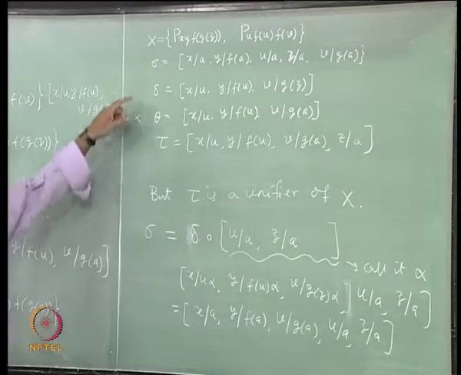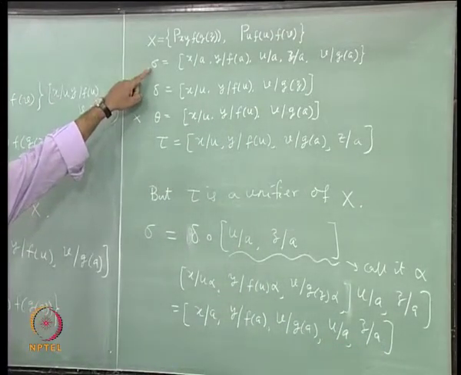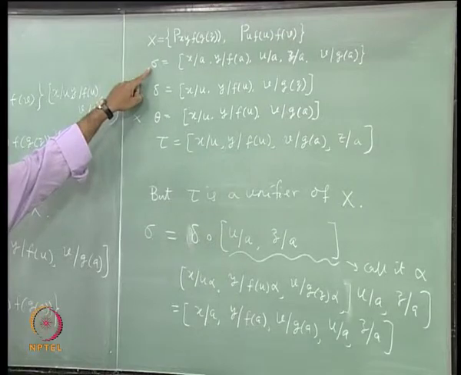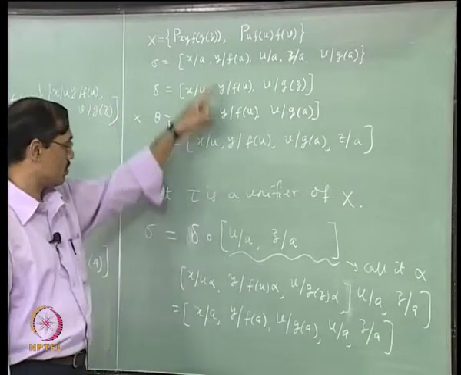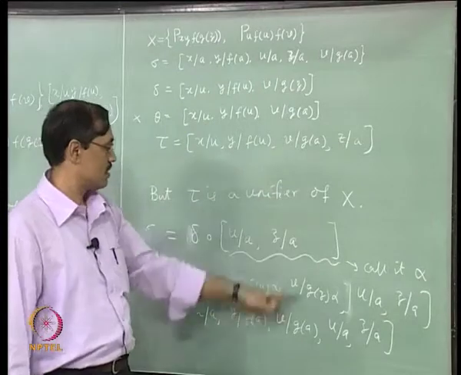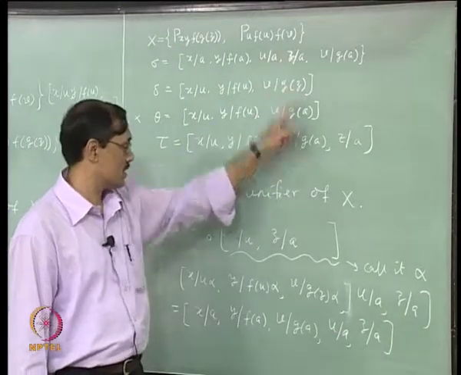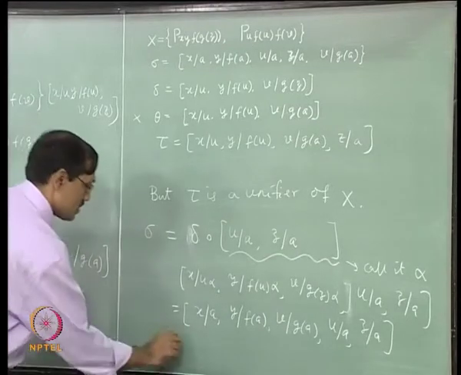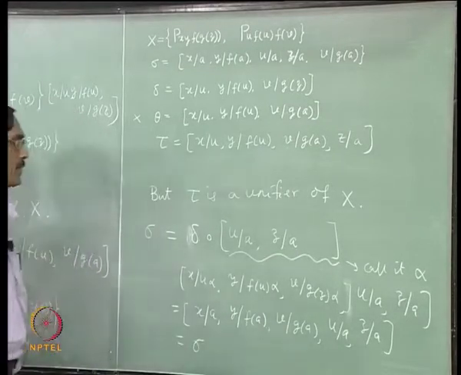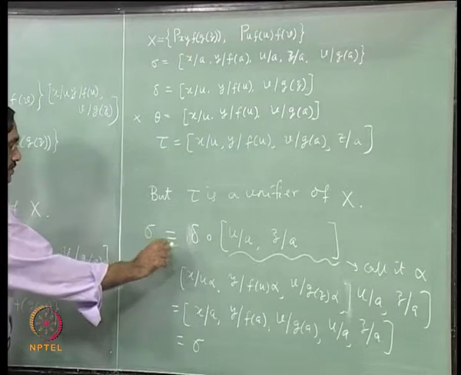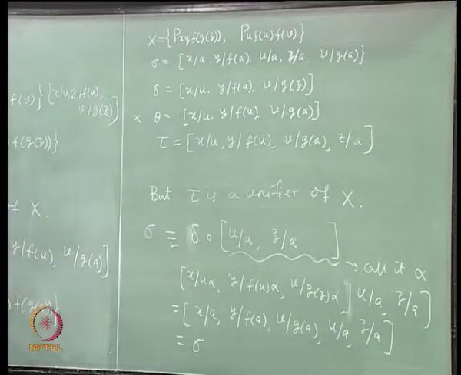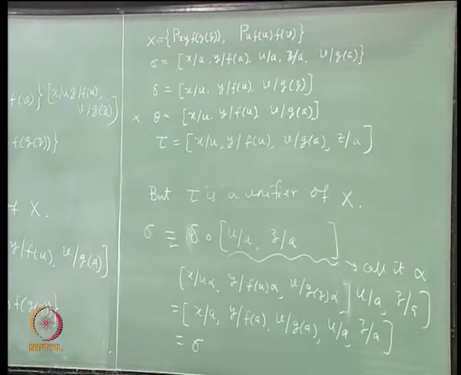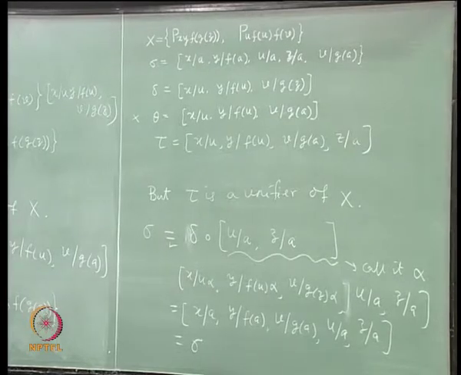Is it same as sigma? Yes, it is same as sigma, x by a, y by f of a, u by a, z by a, v by g of a, right? This is equal to sigma. So, this is correct, fine. Then we would prefer delta as our chosen unifier.